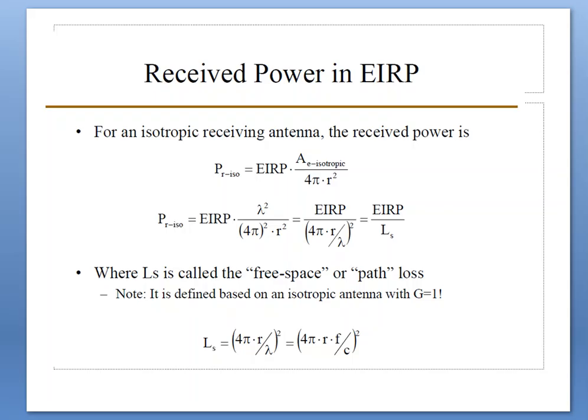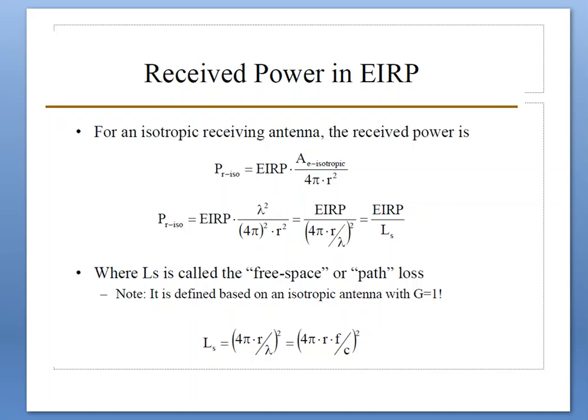Because we replace the effective area by lambda square by 4 pi for a gain equal to 1. Now that is equal to EIRP divided by 4 pi r divided by lambda whole square. Now that is equal to EIRP divided by LS, where the collection of terms 4 pi r by lambda squared is called the path loss or free space loss, designated by LS.